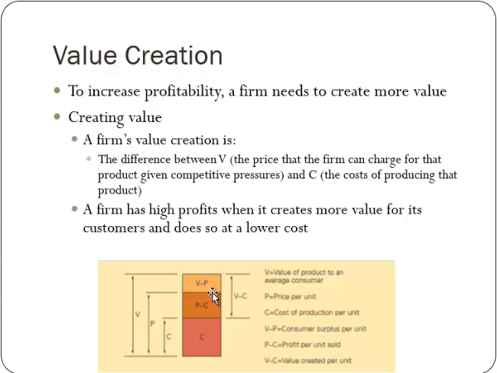Now, the V minus P over here, the tan one, is the value to the average consumer. What does the consumer value it at? If you have a profit, but the value to the consumer is lower than your price, the consumer's not going to buy it. If the value to the consumer is equal to the price, the customer is also not going to buy it, because then the customer is breaking even. The customer will buy something if it's worth more than the money.